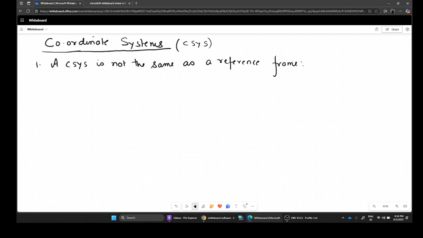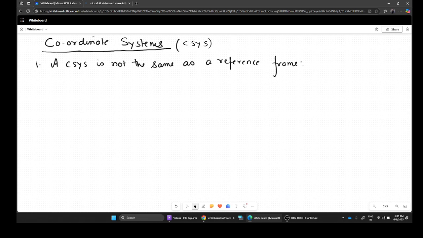Sometimes students get this impression that a reference frame itself is a coordinate system. No, that's not true. These two are different concepts. Yes, many times we do have a reference frame and there is an embedded fixed coordinate system also shown on the diagram, and that coordinate system shown on the diagram is used to express various vectors of interest.